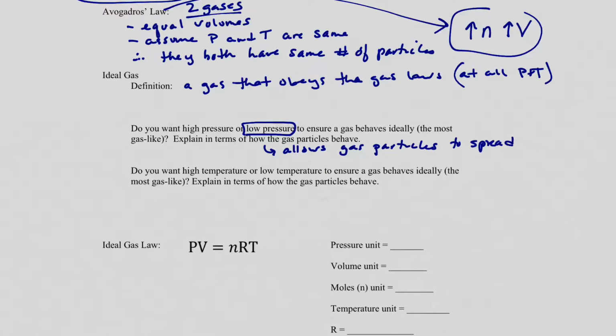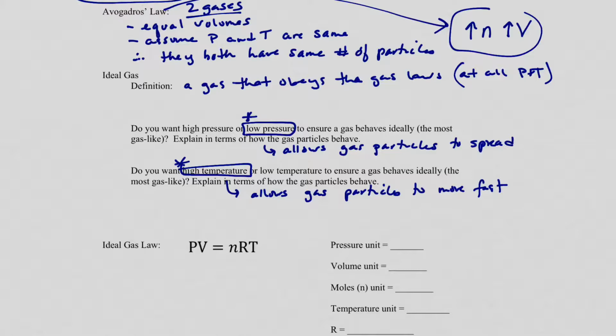And when they are spread out, the particles don't have any influence on one another, and that is the most gas-like condition. We also want high temperature for a gas to behave ideally, because this allows the particles to move very, very fast. And so ideal conditions for a gas would be low pressure and high temperature.